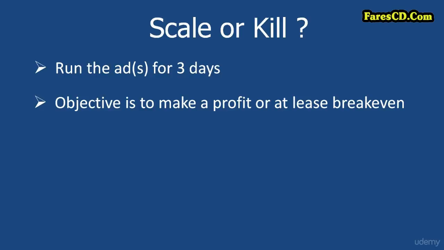But basically, just imagine you've got that customer. You haven't made any money out of them this time around, but you will have the details of that customer. You will have the email address. You will have the opportunity to directly email them in the future to make sales. And trust me, that is very, very valuable. You will make a profit down the road, but maybe not straight away. So for the moment, just accept that you're doing this to make a profit or at least to break even.